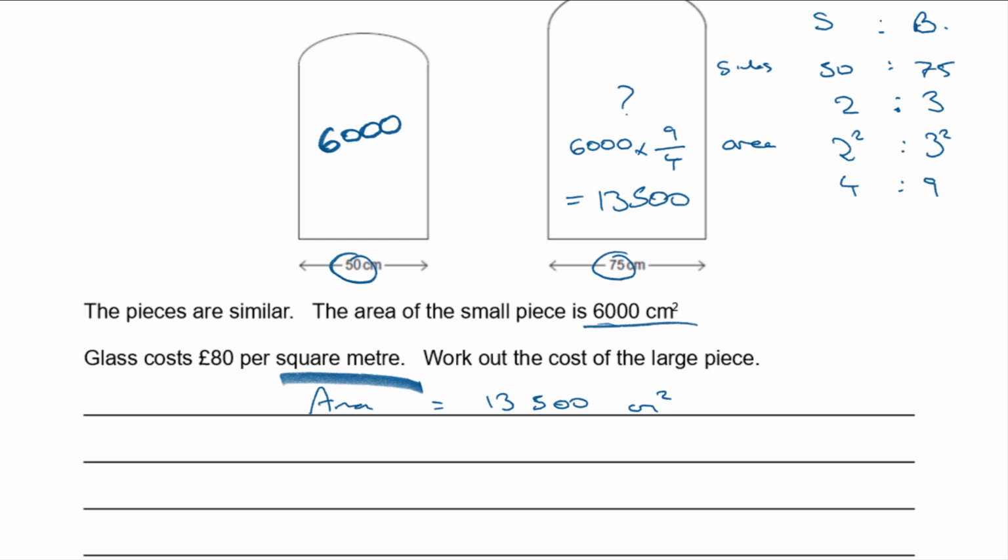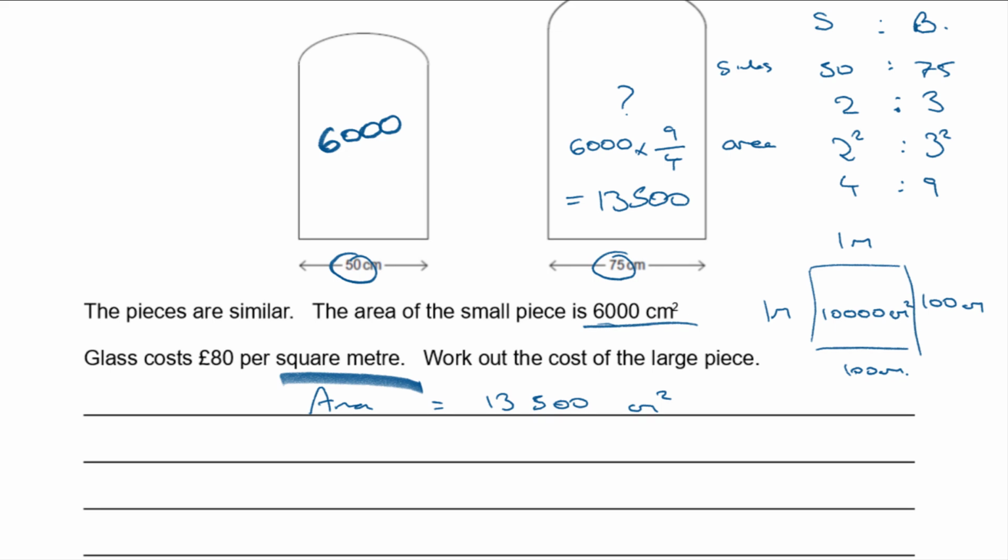So how many square centimeters in a square meter? Well, if you think about a square meter, 1 meter by 1 meter, it's going to be 100 centimeters by 100 centimeters, isn't it? So 100 times 100 is 10,000 square centimeters in a square meter.